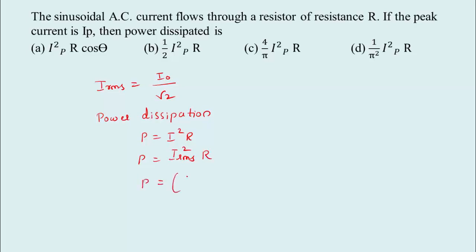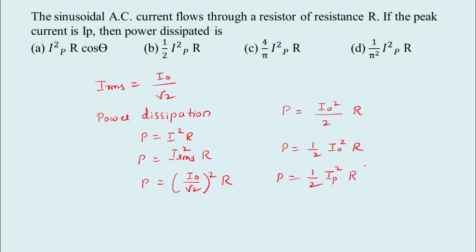So P equal to I naught by root 2 whole square into R, or P equal to half I naught square R. But in the given problem, the peak value of current is denoted by I_P, so 1 by 2 I_P square R, that option B is right.